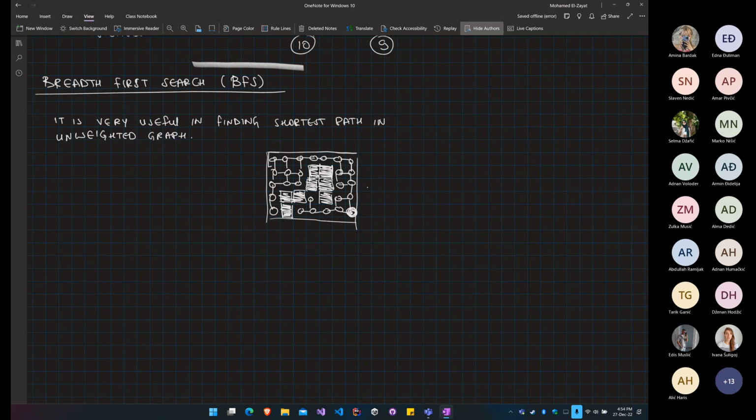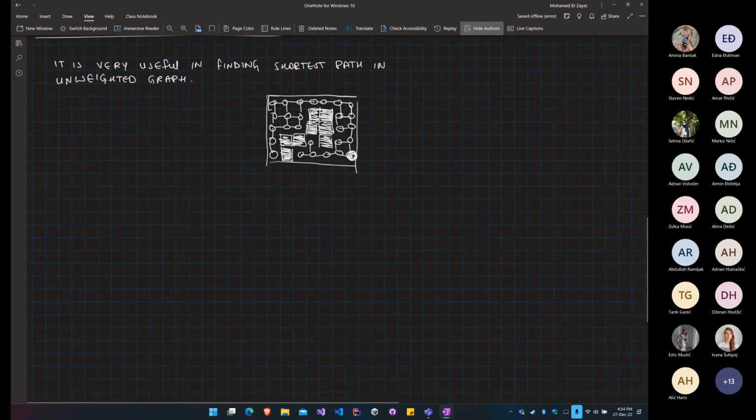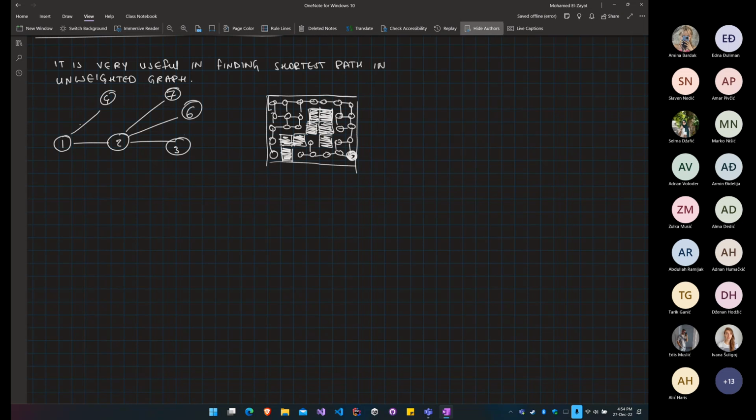So, for example, to get back to the exams, hacking and stuff like that. So if we have a graph that looks like this, 3, then from 2, we get the same example like 6, 7. Then we have here 4, then 5. Okay.